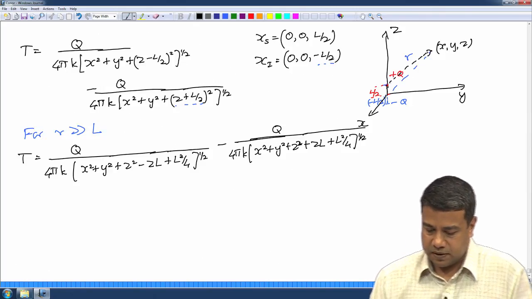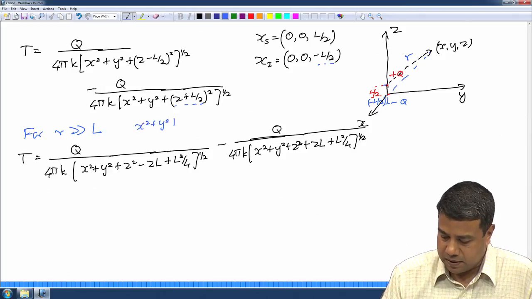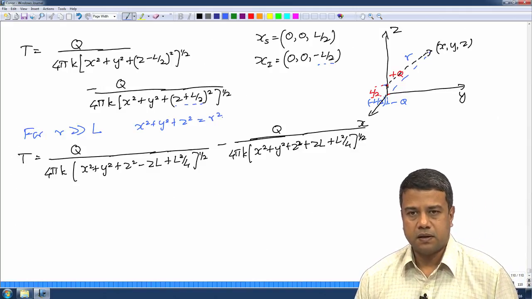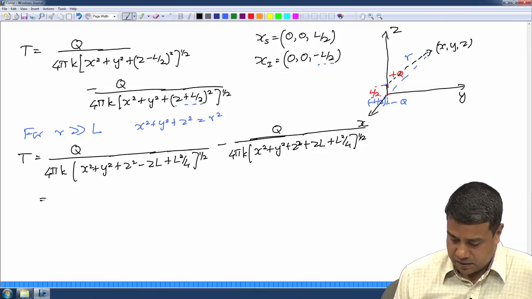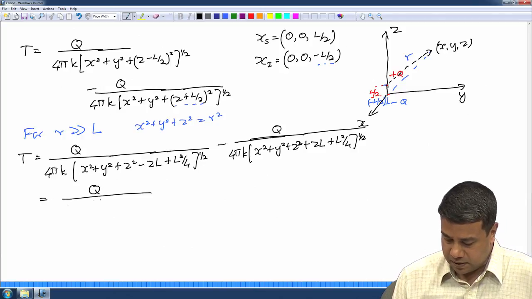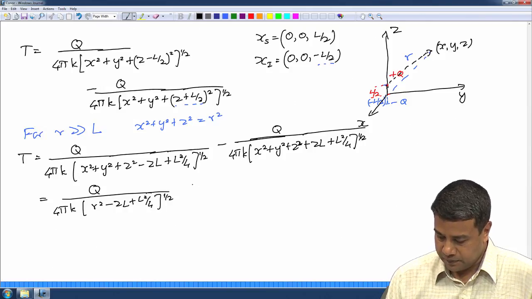Now, we use the substitution that x square plus y square plus z square is equal to r square. That is the distance from the origin. So, I will get q by 4 pi k into r square minus zL plus L square by 4, whole to the half.